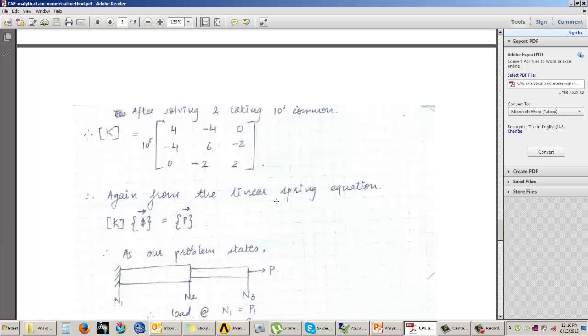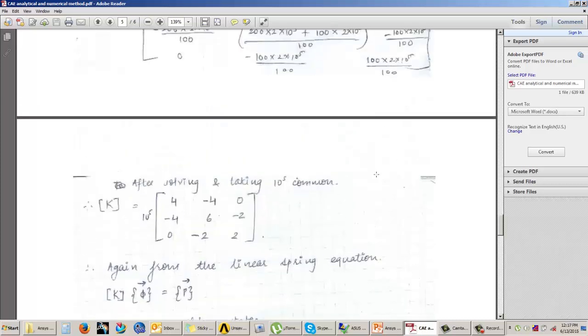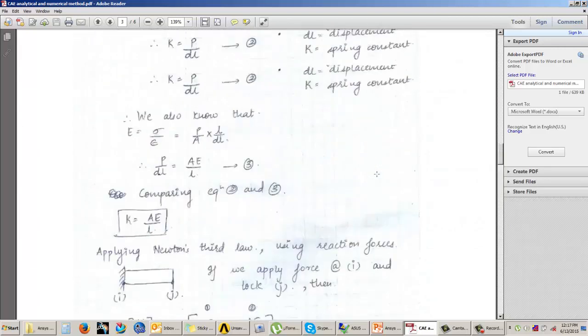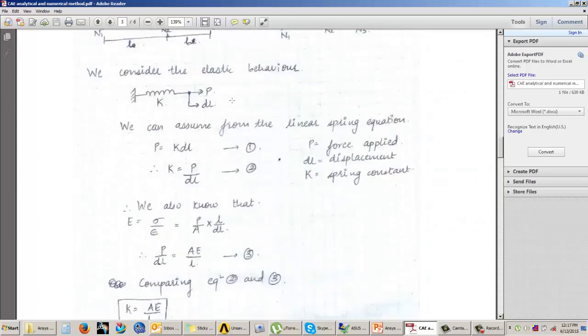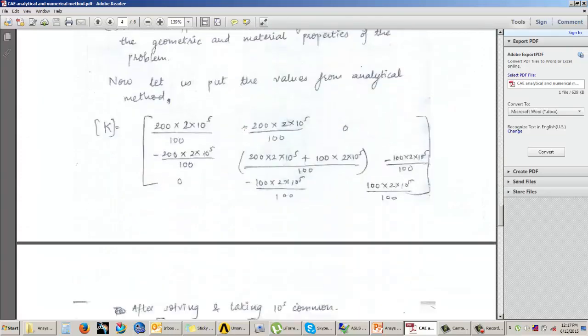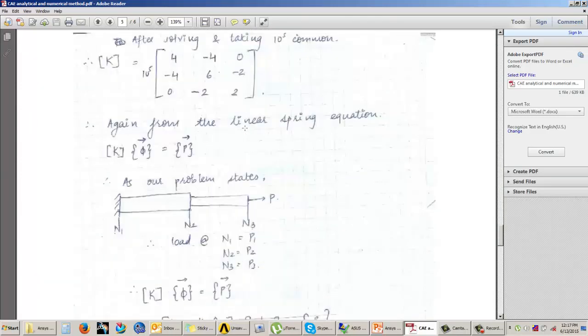Now, again from the linear spring equation, which we considered at the beginning of the numerical method, we have K into DL is equal to P. In this case, we have put them in brackets to show that this is a vector quantity, and even P is a vector quantity.